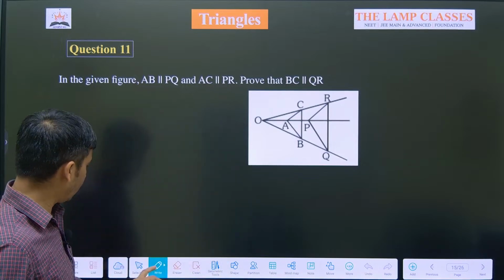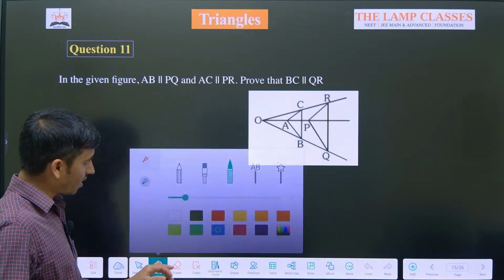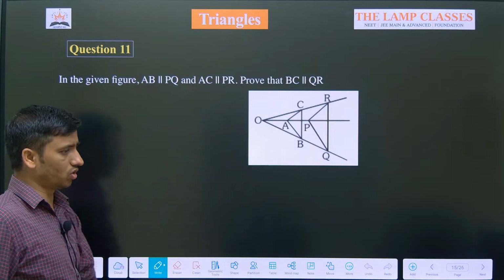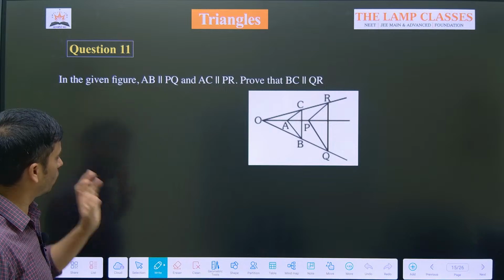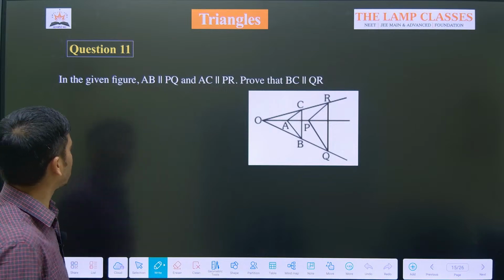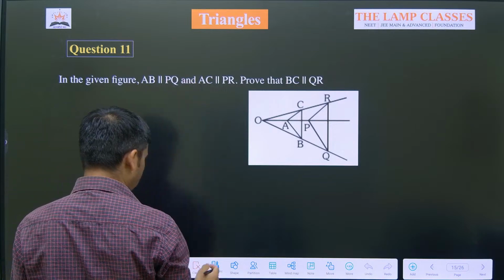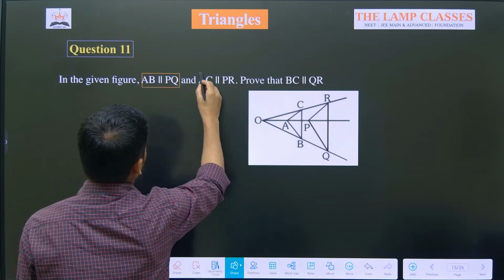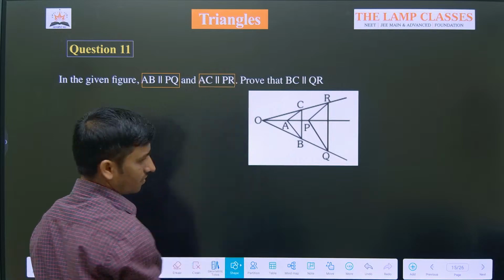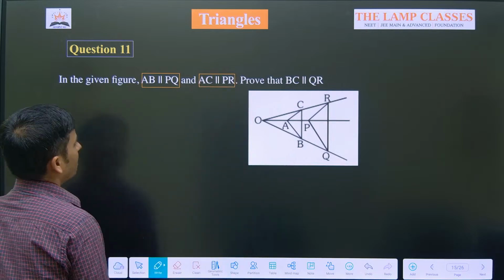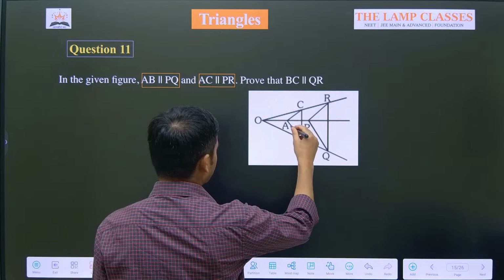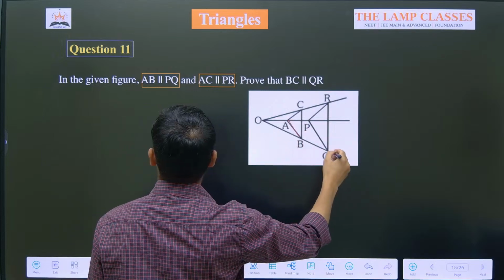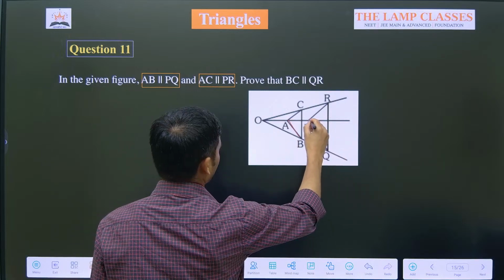Did we complete it? So I am not writing all the things. Like I told you, you have to write what's given, what to prove, and then the proof part. So they have given AB is parallel to PQ and AC is parallel to PR. AB is actually this line parallel to PQ, right?